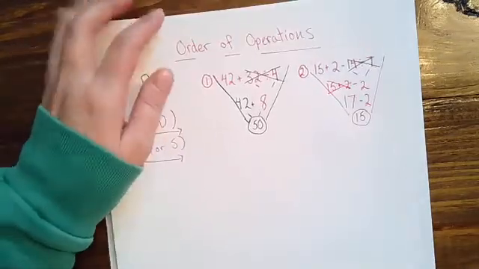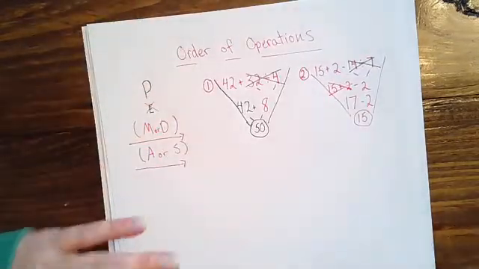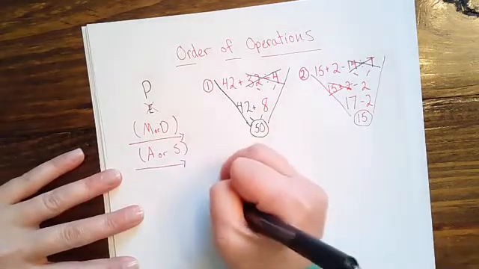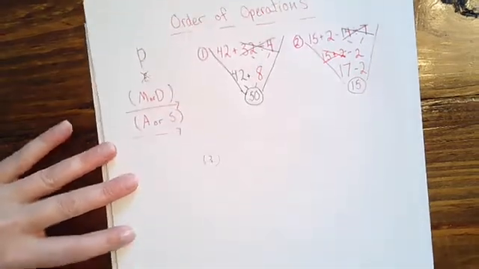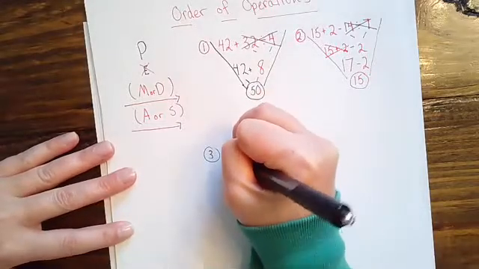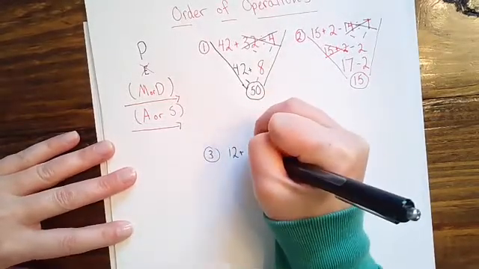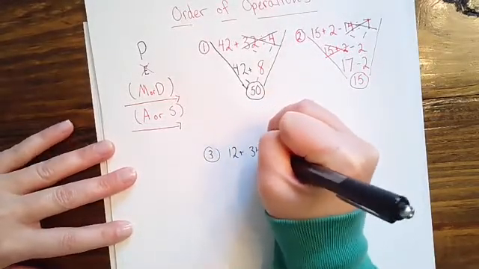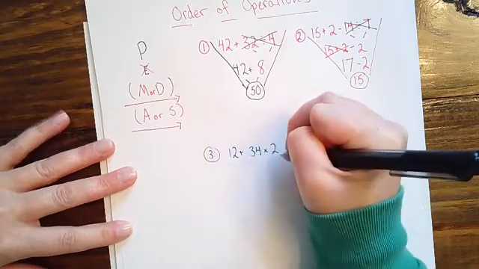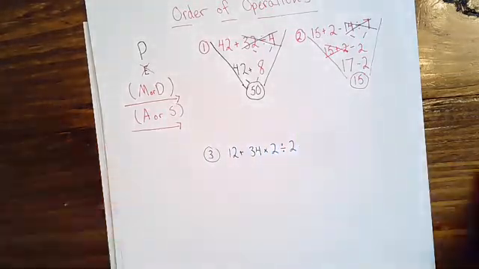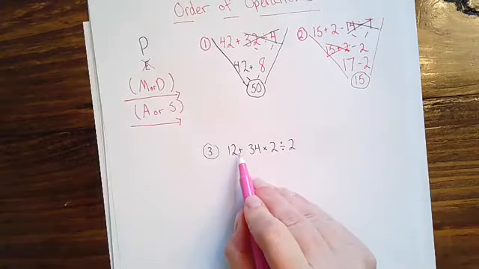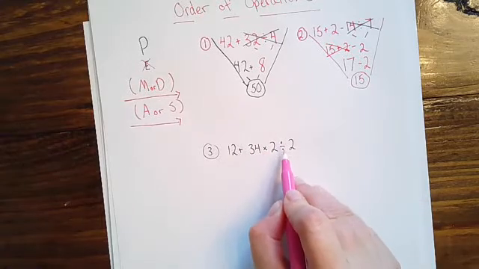All right, so now let's try another one. I'm going to come down here, I'm going to write number 3. Let's do 12 plus 34 times 2 divided by 2. All right. So this one has addition, multiplication, and division.